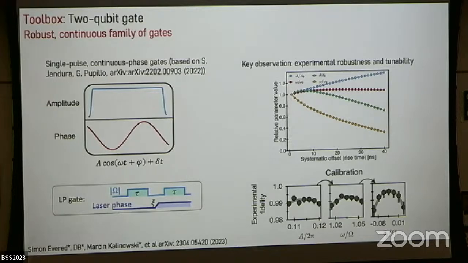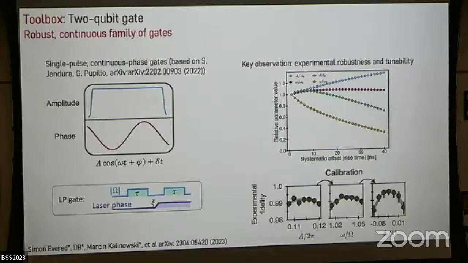So this is a figure from the experimental paper that I'm going to show you the results of in a second. The idea here is that when you're applying this pulse, in the experiment you cannot really do a square pulse. It would take some time to turn on your laser, right?